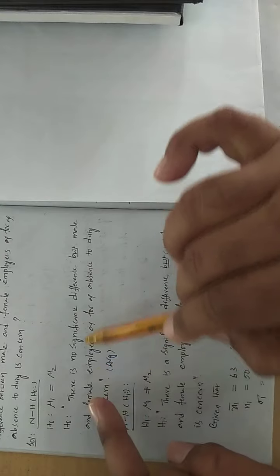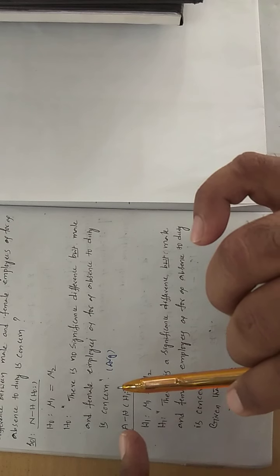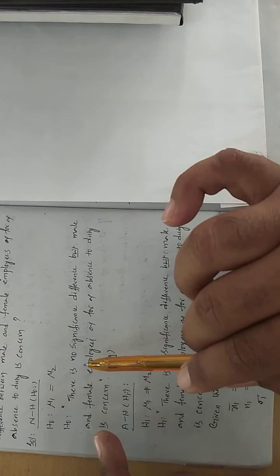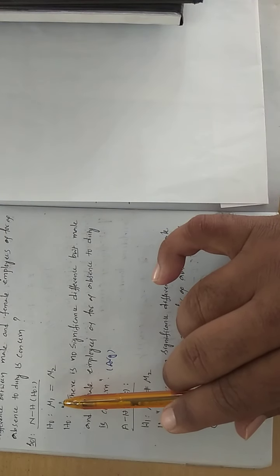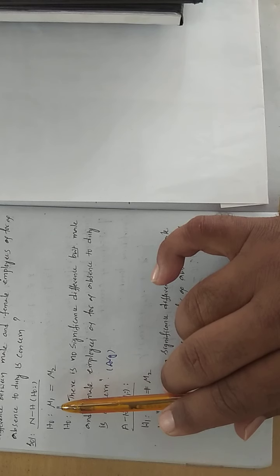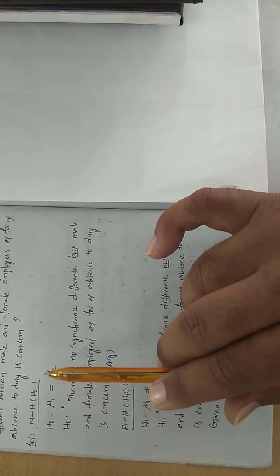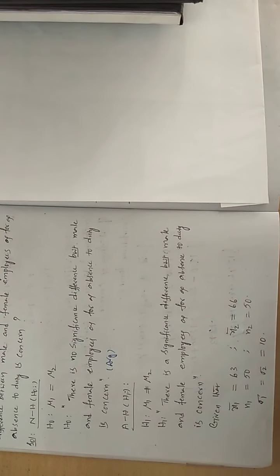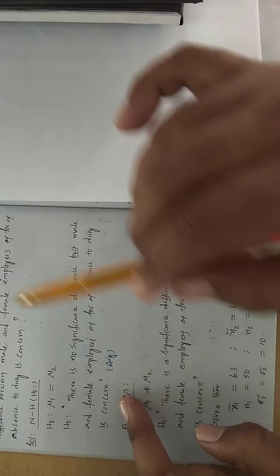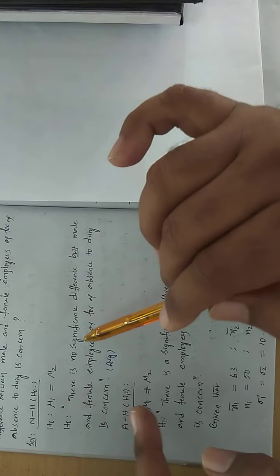Now matching or not, no significant difference means what? Both are equal. If you want, you can write the null hypothesis in one more way also. What is that? The male employees' average absence is equal to the female employees' average absence as far as their duties are concerned. Like that also you can write. The best thing is to carefully see the question statement, that only you reproduce most of the time.